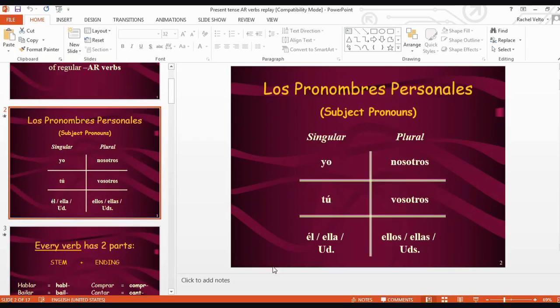Compare them to the original grouping. Who gets these endings? Yo, tú, él, ella, usted. Nosotros, vosotros, ellos, ustedes. Okay? They always correspond. They always go together. Verbs are always grouped in these 6 boxes, and they always correspond to these 6 pronoun groups.